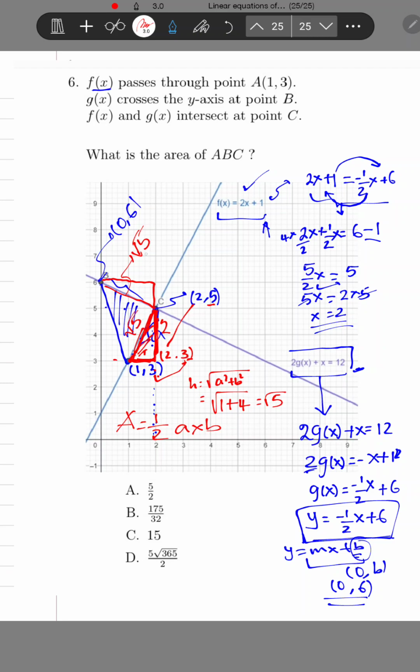Both are root 5. So 1 over 2 times root 5 times root 5. Root 5 times root 5 is just 5. We still have 1 over 2 times 5. So the answer is A. Thank you for watching.